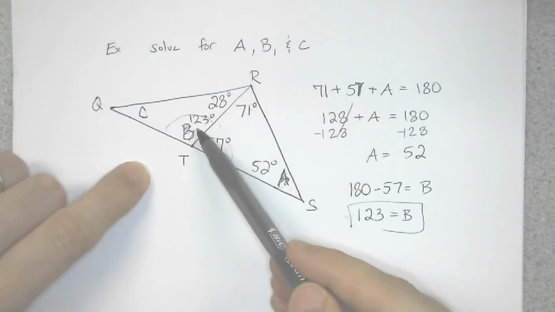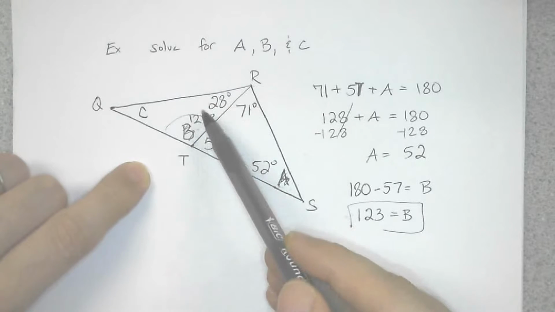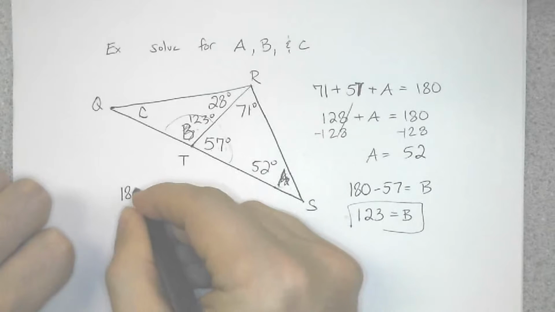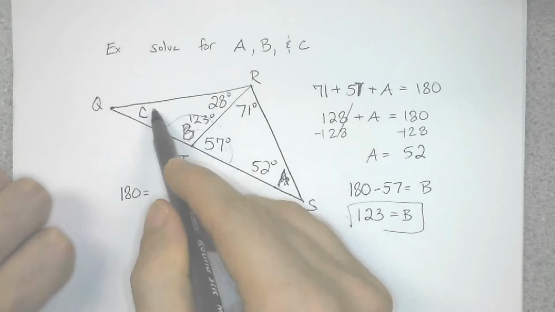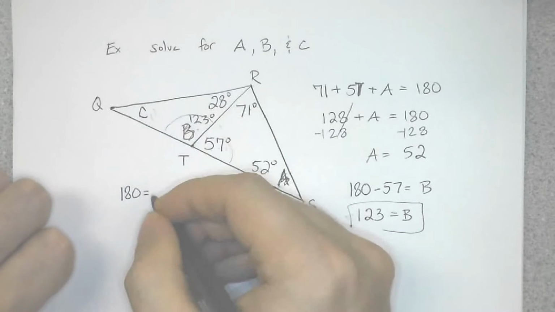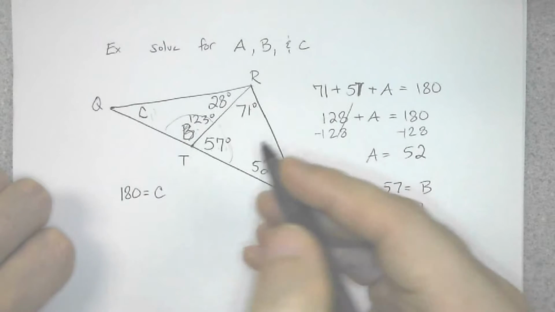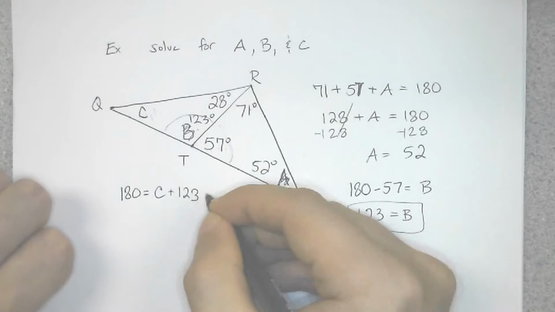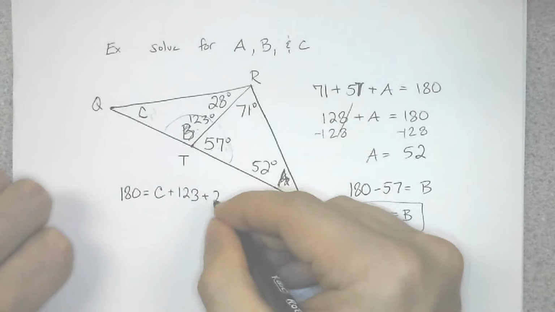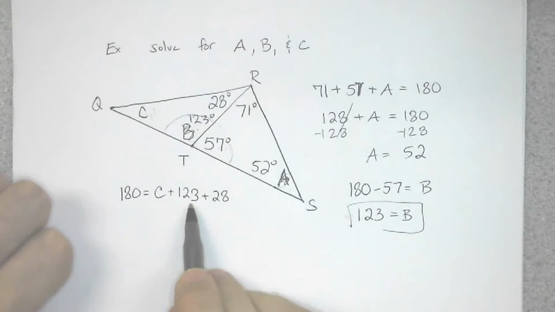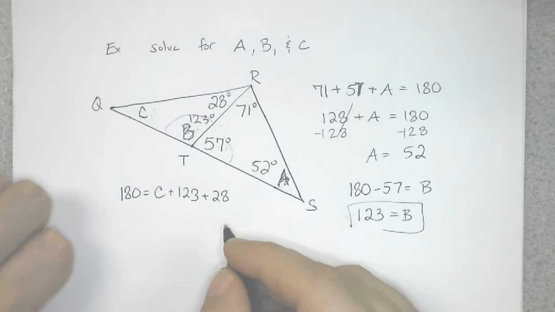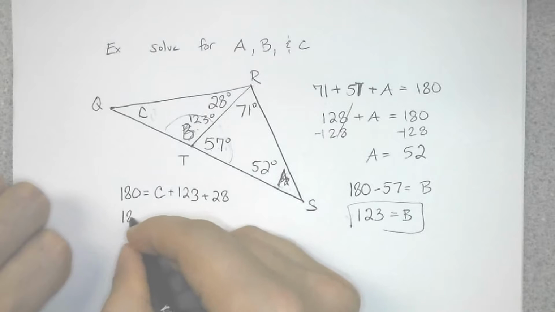Now, I have two of my angles, and I'm just missing my third. So 180, the sum of all three interior angles in any triangle, equals C, what we don't know, plus 123, what we just found out, plus 28, which was given to us. Well, 123 plus 28 is going to equal 151.